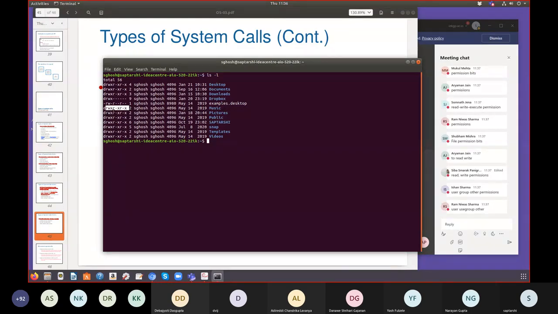People in your group have the permission to read and execute but not write, so they are not allowed to change anything. Similarly, others also have the permission to read and execute but not write anything. So that dash in place of W says that the write permission is not there. If the write permission were given, then it would be RWX. So suppose you have a file where everyone has every permission, then it would be RWX.